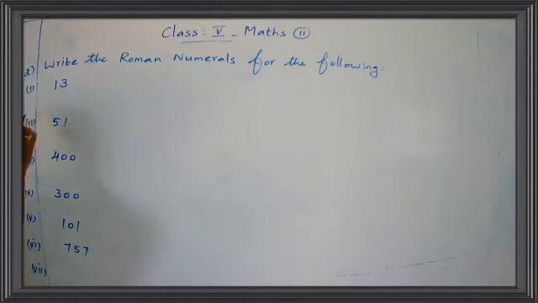A, B, C. There are also Roman numerals coming. So you put A, B, C, D, E.